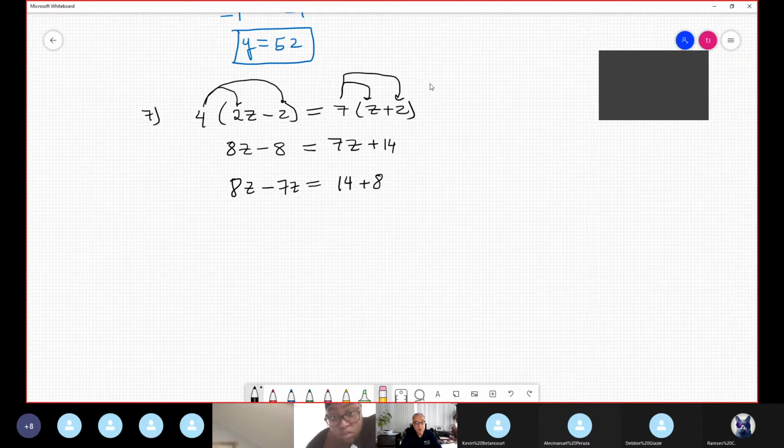I move 8, which is negative on the left-hand side, to the right-hand side, switching the sign to positive. Now we combine: 8z minus 7c is z, only 1, and this is 22. Final answer, end story. Easy, easy. Very easy.